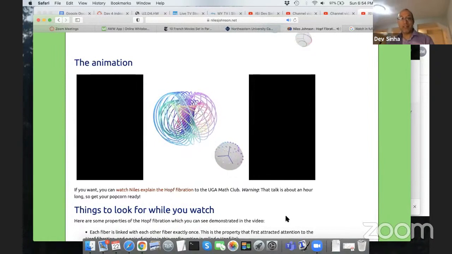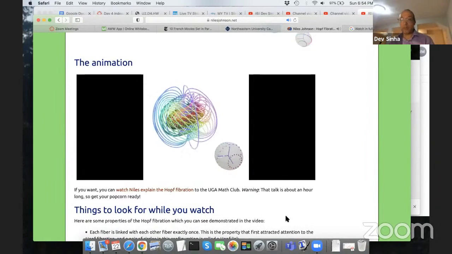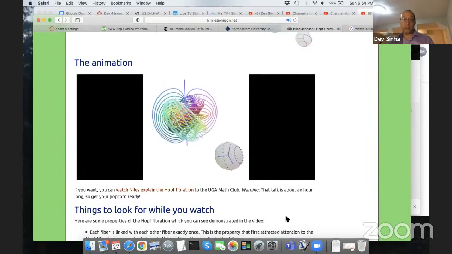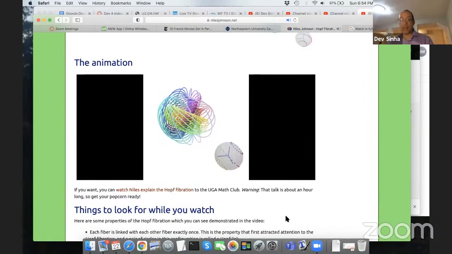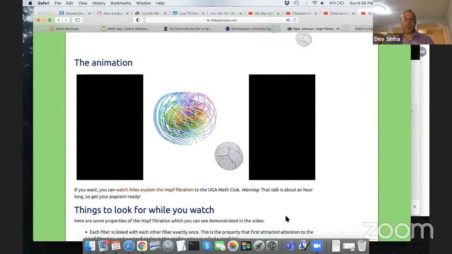And so here, the more points in S2 you look at the preimages of, the more circles you get above those. You start seeing some of these tori, as I said, in that last definition of the Hopf map. You see it more here.